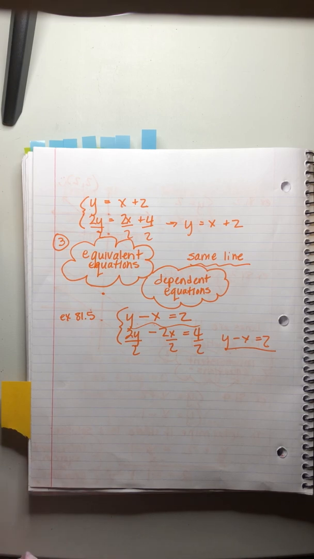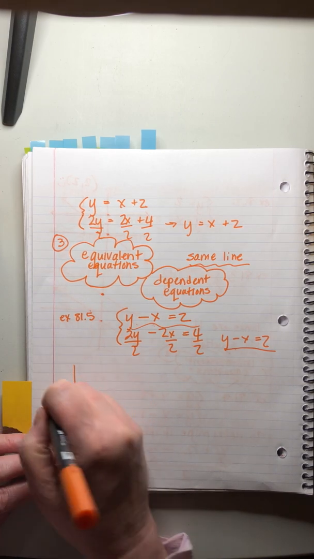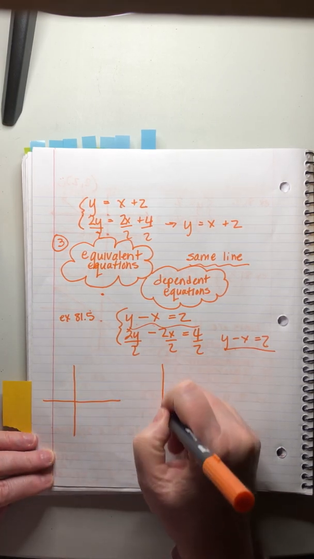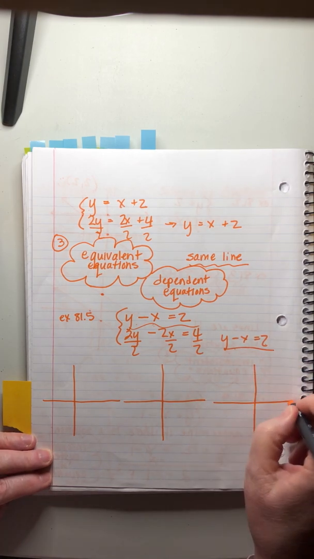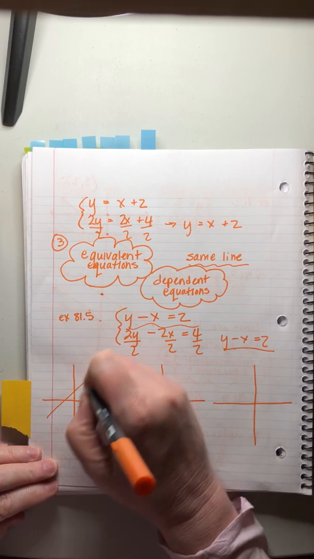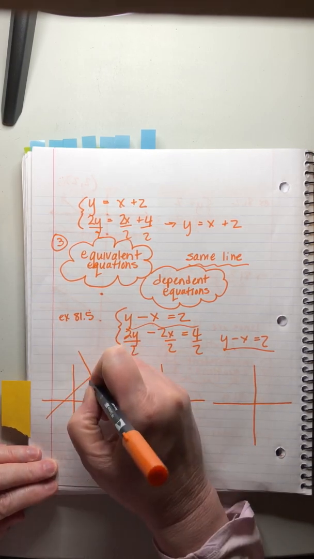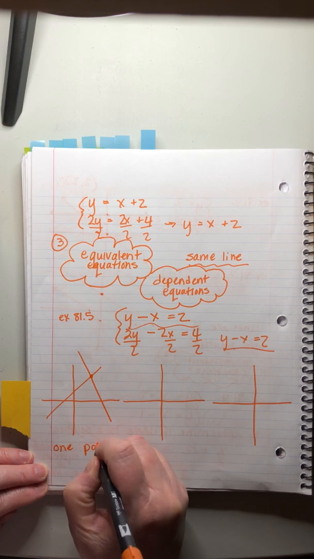All right, so I want to summarize, that's a better word. We talked about 3 different kinds of equations in this lesson. We talked about our old friends that have one point of solution.